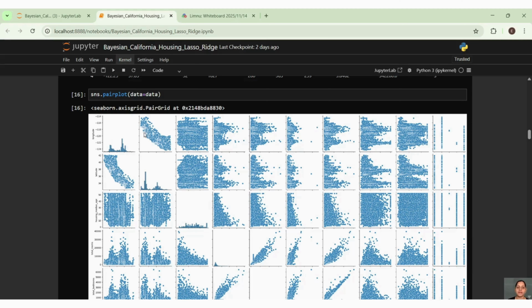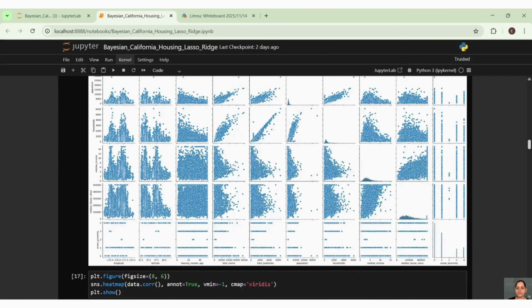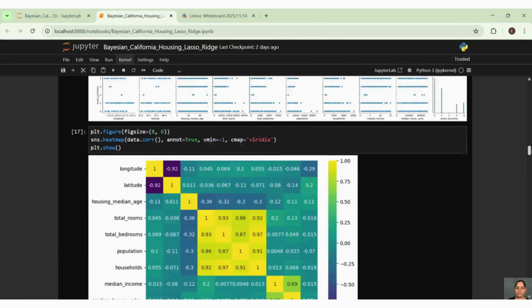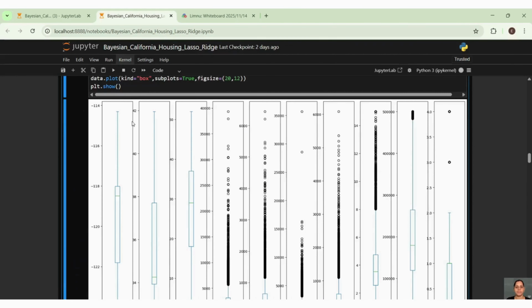However, for bivariate or dual comparison between two variables, we can get this. You can see there are not many outliers present. However, in 2-3 places I can see a few here and there. Outlier-wise, we are good here. It's not so high. Then we can go ahead and understand the heat map.